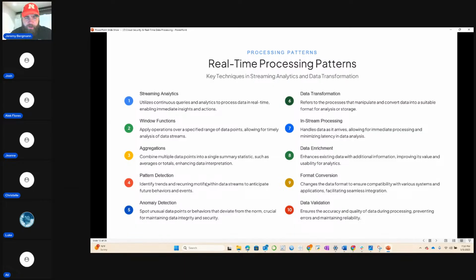And then you can apply different algorithms or thresholds to it, like pattern detection, anomaly detection. And then you can do some enrichment of the data, enriching it for analytical uses, converting the formats, and validating the data. So quite a bit you can do from a processing perspective.